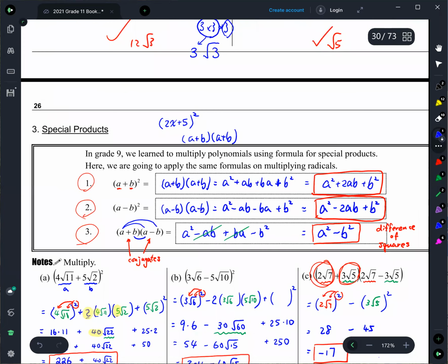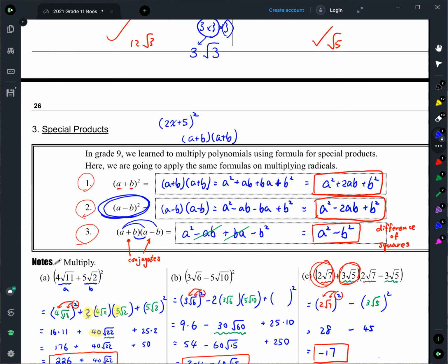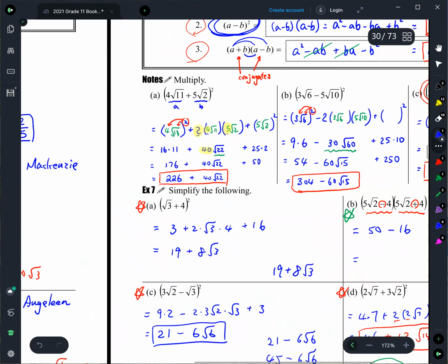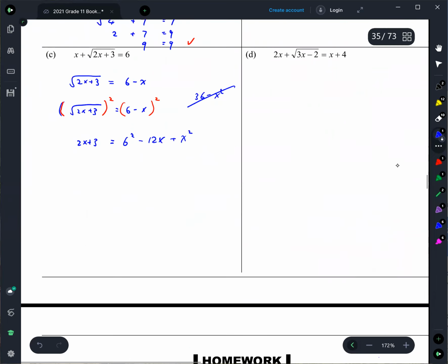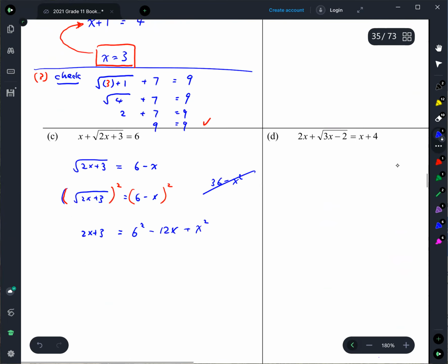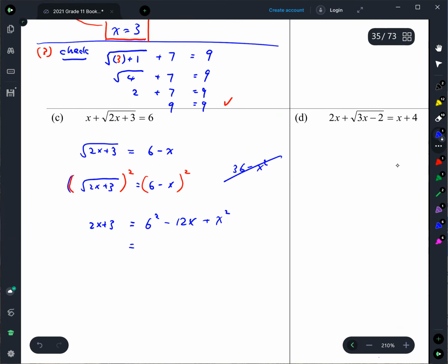If it's (a minus b) squared, it will be a squared minus 2ab plus b squared. This one is the minus, so we use formula number 2. Be careful when you square. Let's simplify it more. It'll be 2x plus 3 equals 36 minus 12x plus x squared.